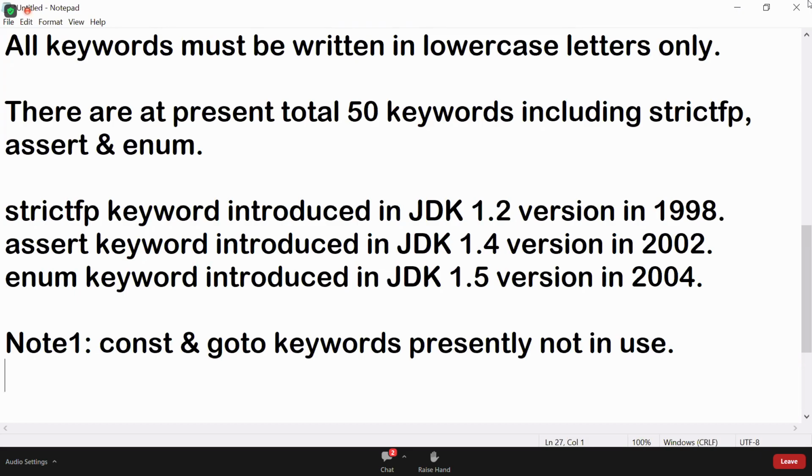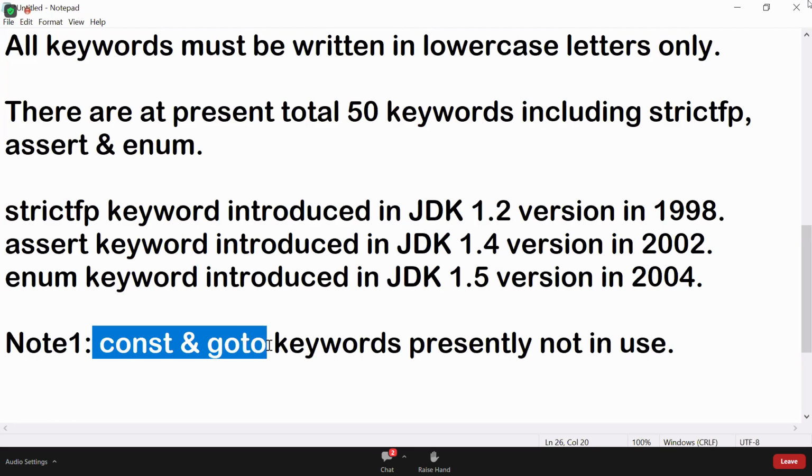Error comes. They are there in the list, but not in use. Reason: in place of const, another keyword was introduced. In place of goto, another keyword was introduced. Some issues are there in C language, so they changed that. Logical errors come with goto. That's the reason they stopped using goto in C language. Java developers removed that concept.